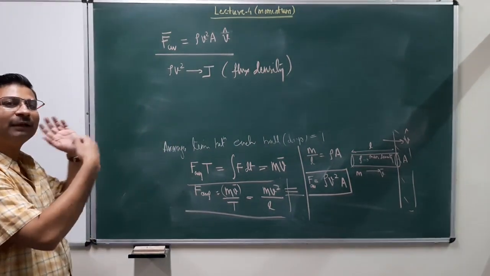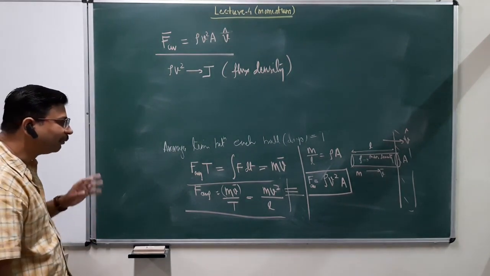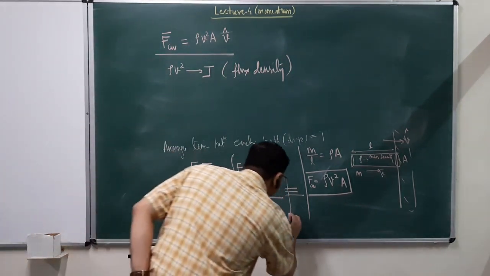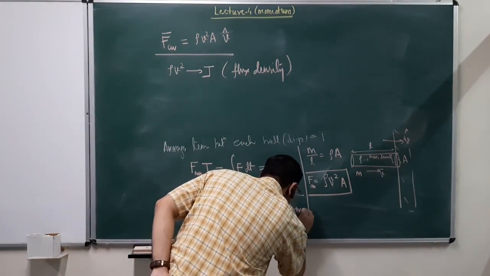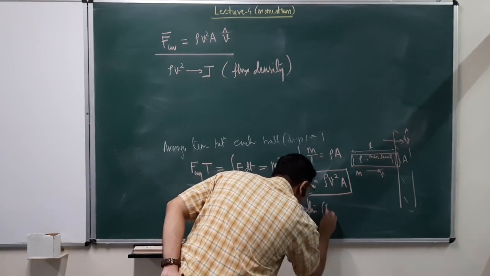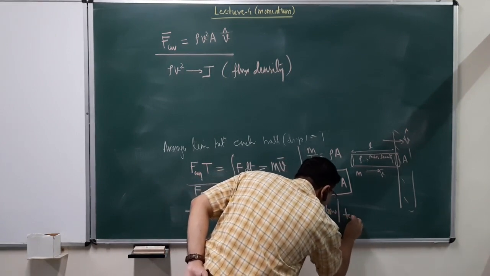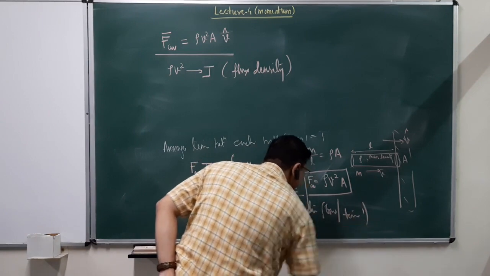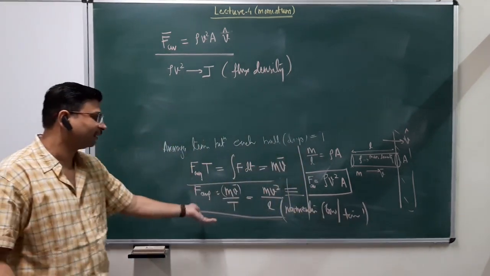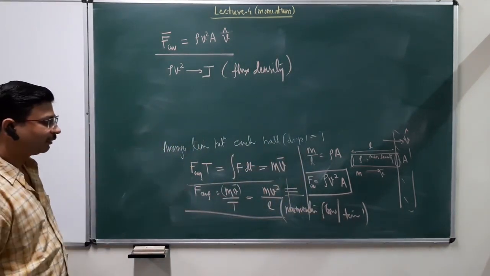So it's momentum flow per unit time. You can just see this from dimensional analysis also, just mv over t. So it's a momentum flow per unit time.